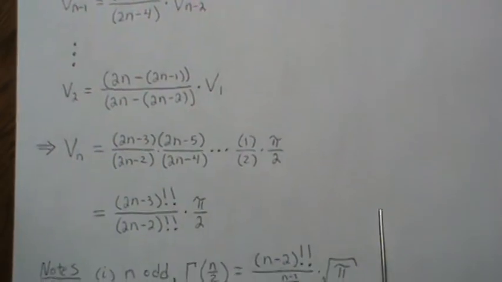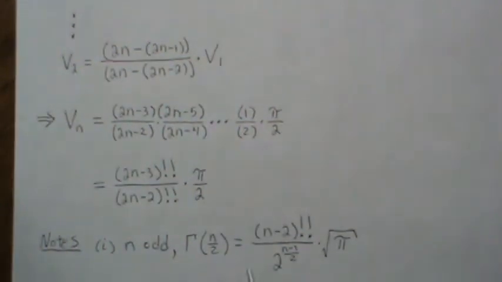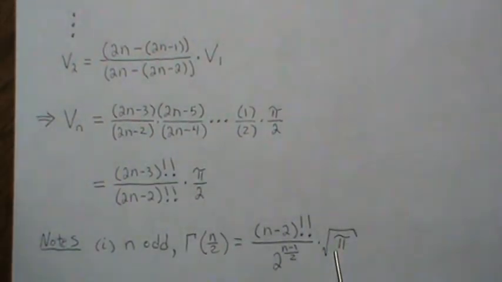Now, a couple of notes here that we're not going to prove. If n is odd and we take gamma of n over 2, then you can show that you get this relationship. It's basically n minus 2 minus 1 times gamma of n minus 1 over 2, and then you keep repeating that until you get down to gamma of 1/2, which is the square root of pi.